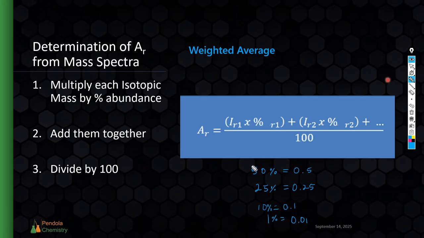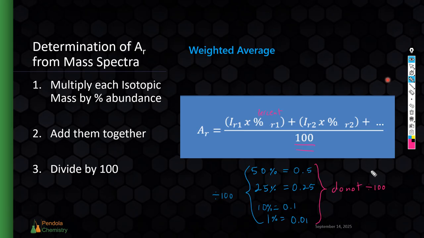So if we're using this side, if we are using 50 or 25 or 10 for our equation, then we would divide by 100 at the end of our equation. If we're using this side, however, if we're using 0.5 or 0.25 or 0.1 for our equation, we do not divide by 100. The equation as it's written here, that divide by 100 is if this is in percent mode, meaning that it's a full percentage.